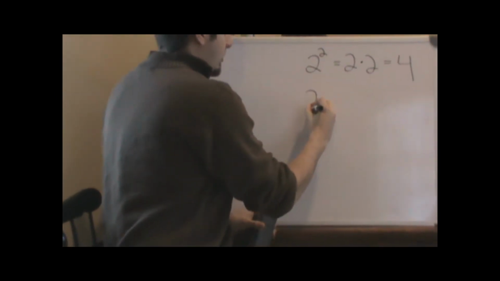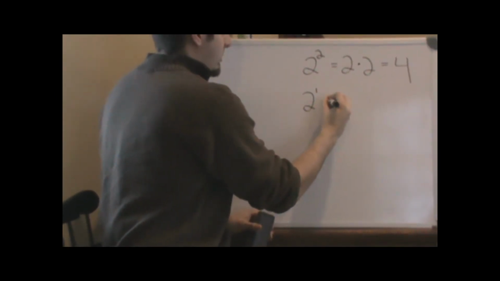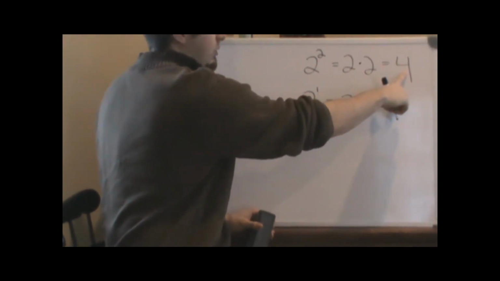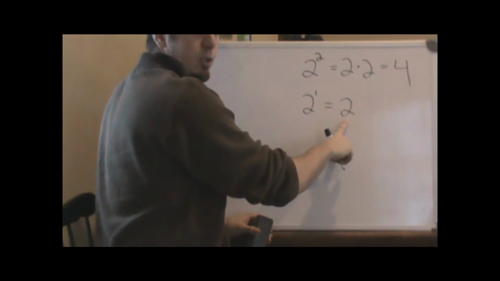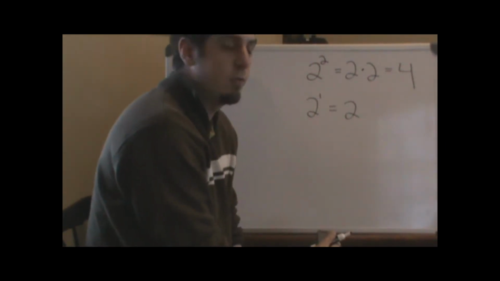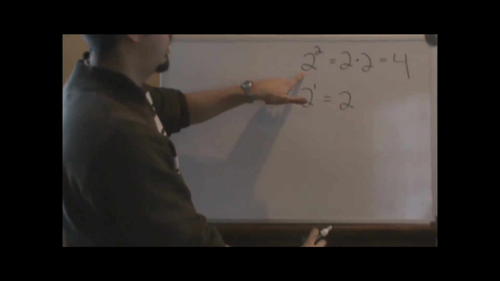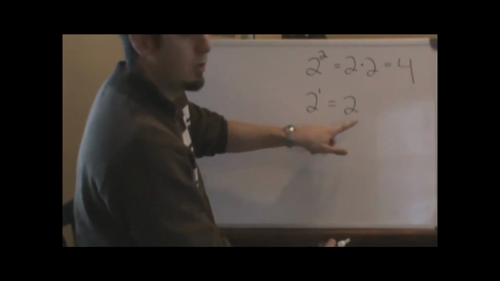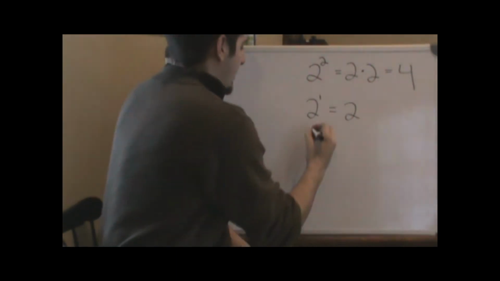When I get down to 2 to the first power, that just equals 2, because 4 divided by 2 is 2. We said to move down one exponent, you need to divide by your base, which in this case is 2. So to go from an exponent of 2 to an exponent of 1, I would divide this 4 by 2, and I'm at 2.